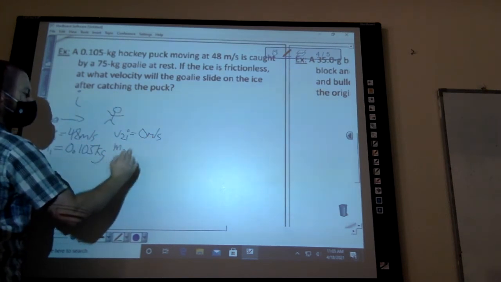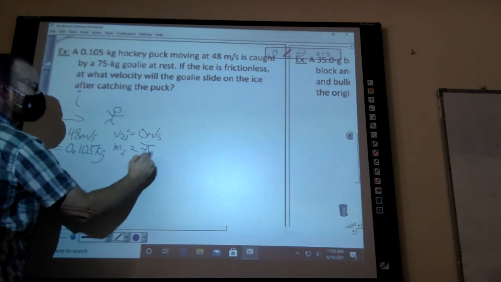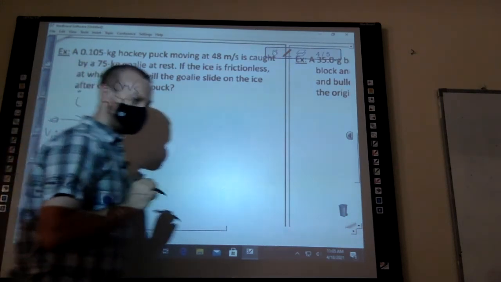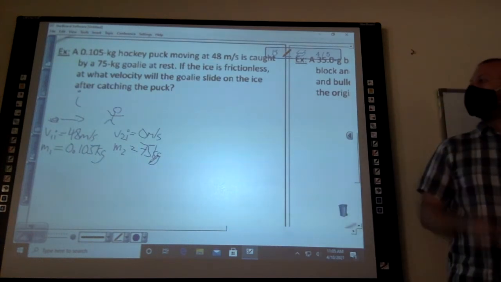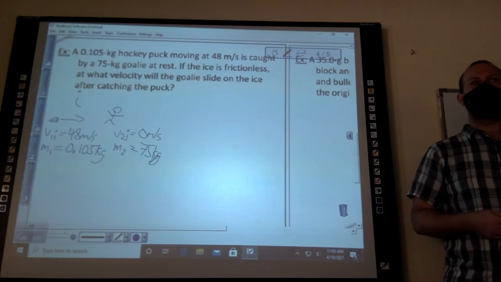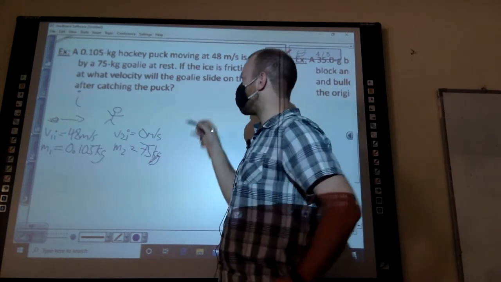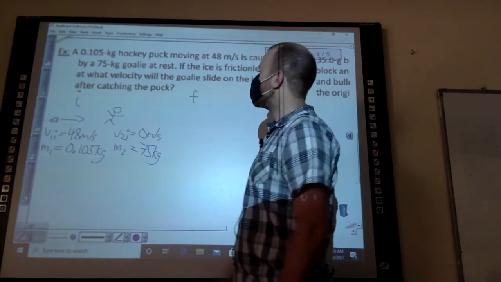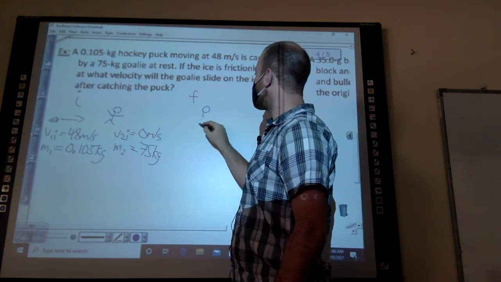And we have mass 2 is 75. Good with that? If you don't want to show off your artistic drawing, you can do everything as a box. That's totally fine.